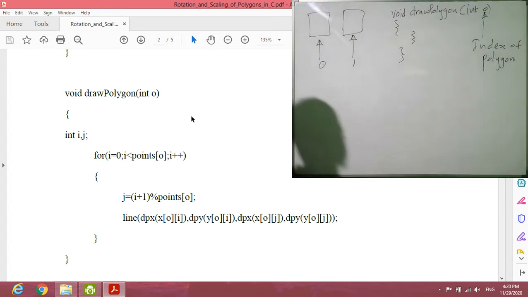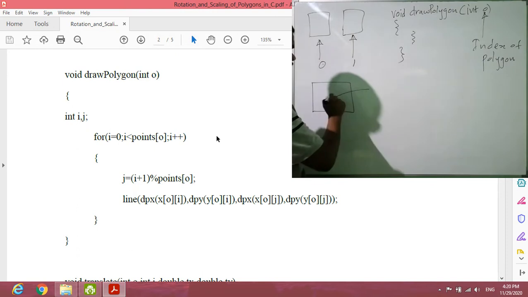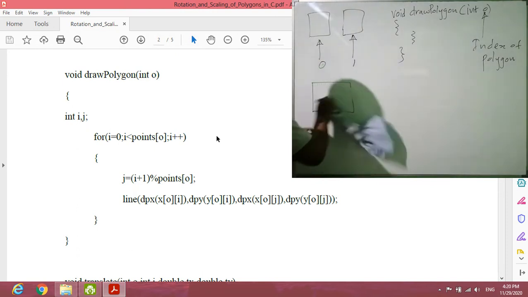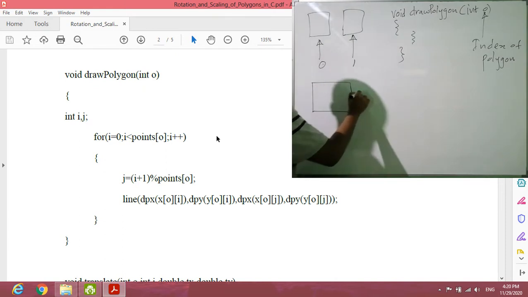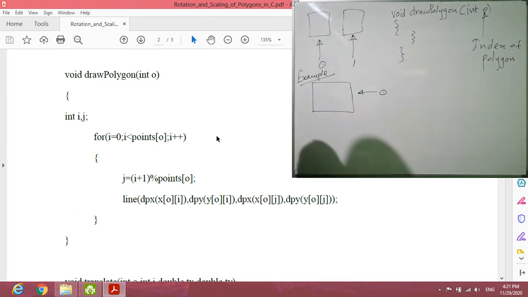Now let's try to understand how it works. Let's say, for an example, the index of this one is 0. And this is our 0, 1, 2, 3 vertices.